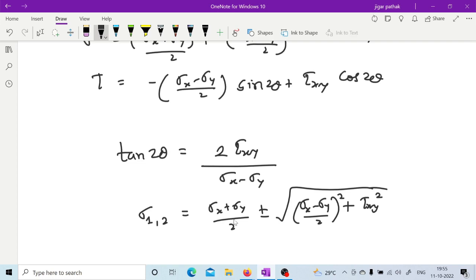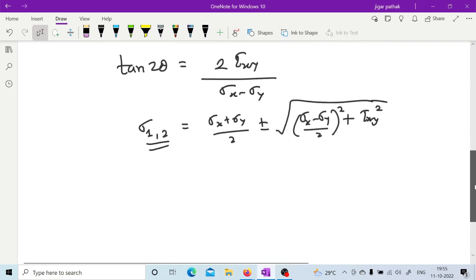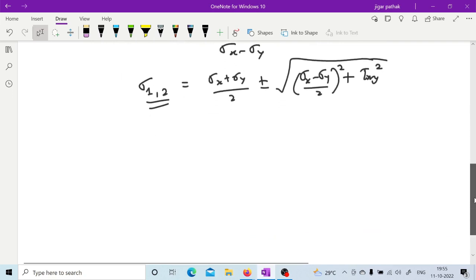These are known as principal stresses, where shear stress is 0. They can be calculated with these equations, at those two values of theta available from the above equation of tan 2 theta.